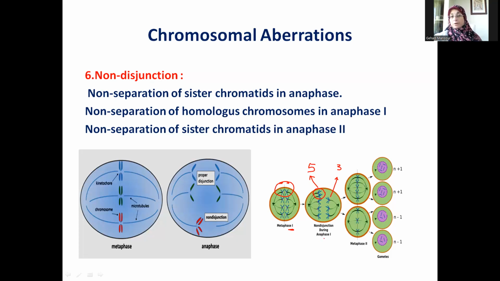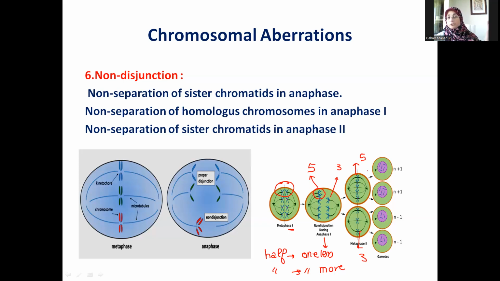So at the end of anaphase 1, we have half the gametes having 1 chromosome less, and half the gametes having 1 chromosome more. Then each of these cells will enter metaphase 2. This is the cell with the 5 chromosomes that enters metaphase 2, and that is the cell with 3.